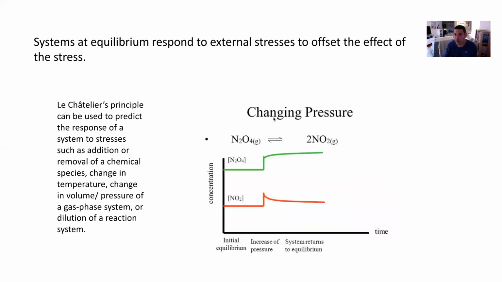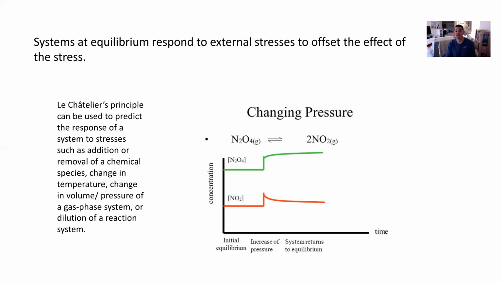What about changing pressure? With changing pressure, we only worry about it if it's a system that is a gas. So here we have N2O4 gas in equilibrium with 2NO2 gas. We're going to increase the pressure. Just keep in mind, pressure and volume have that inverse relationship.